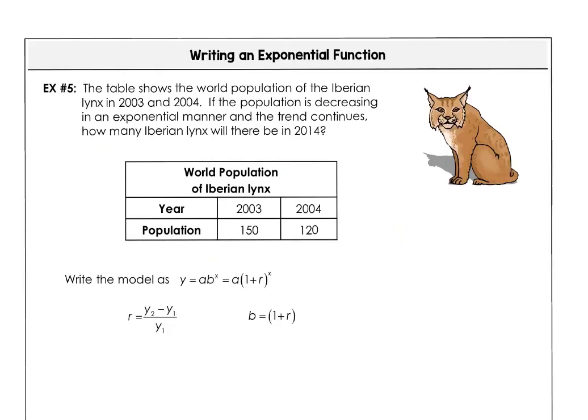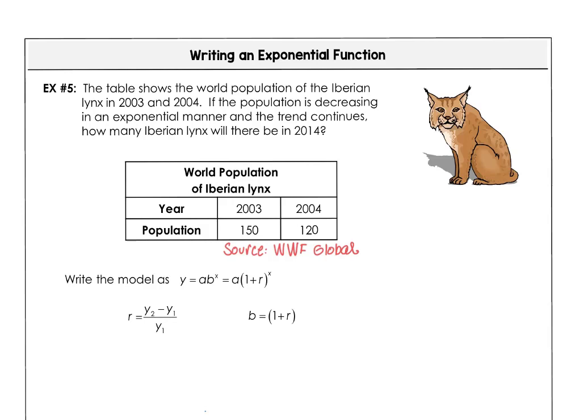And in our last example, we still need the calculator. The table below shows the world population of the Iberian lynx in 2003 and 2004. And I see that my source is not printed here on our notes. I got this information from the WWF global site that gives information about endangered species.